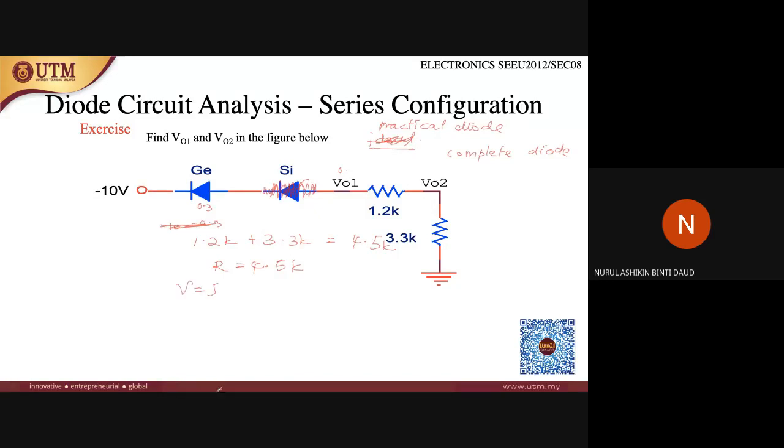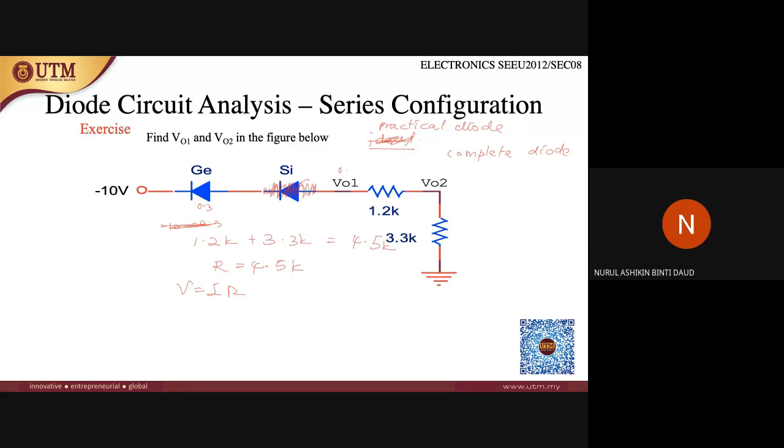So V equals IR. So the voltage is 10, right? So the flow of currents is always the same.